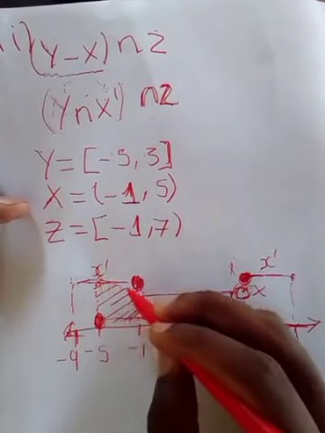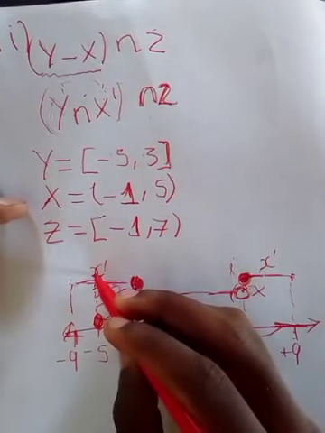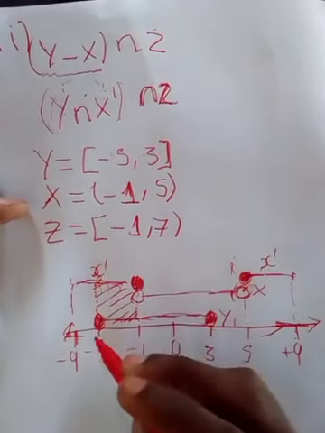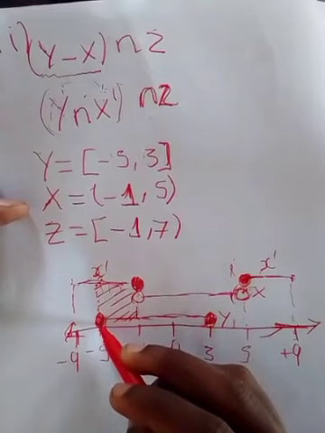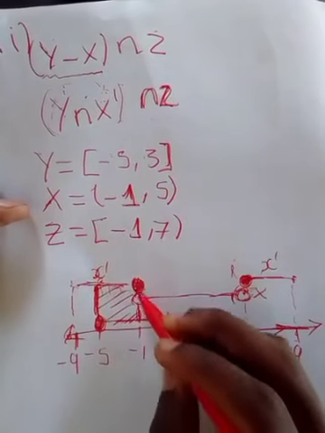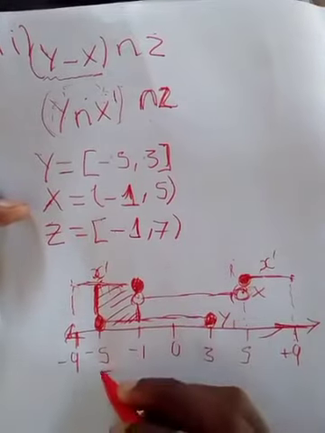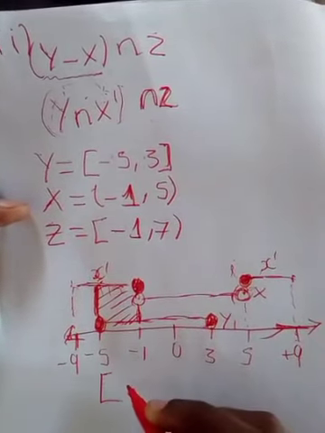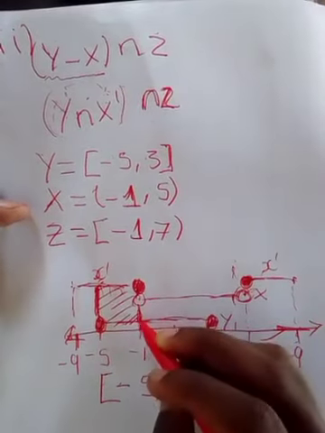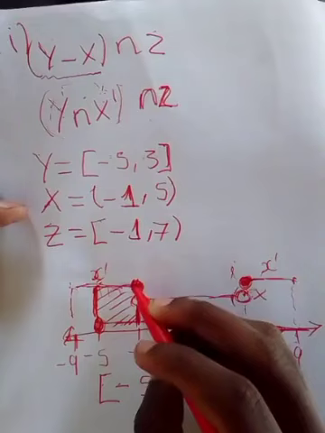Okay, so how can you describe this region using intervals? Where is it starting from? It is starting from negative 5, right? Since this is shaded, you put the square bracket. You're going to say negative 5, comma, where is it ending? Up to negative 1, where this complement ends and y has intervened.